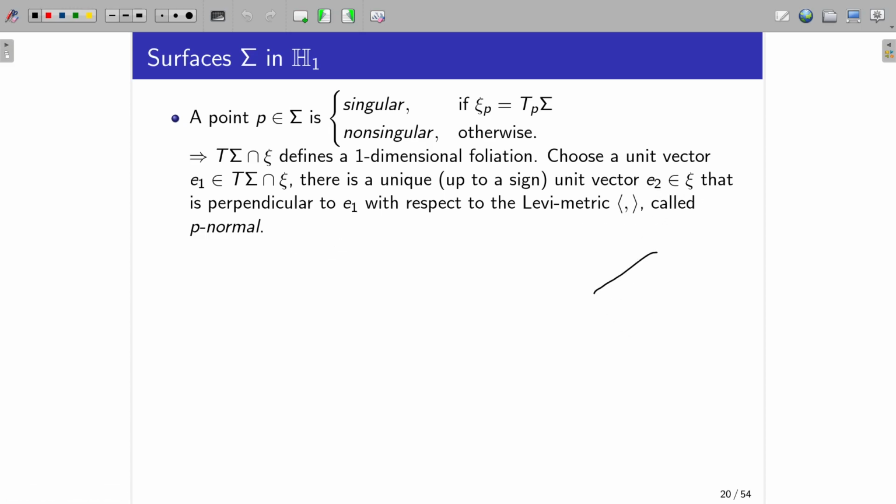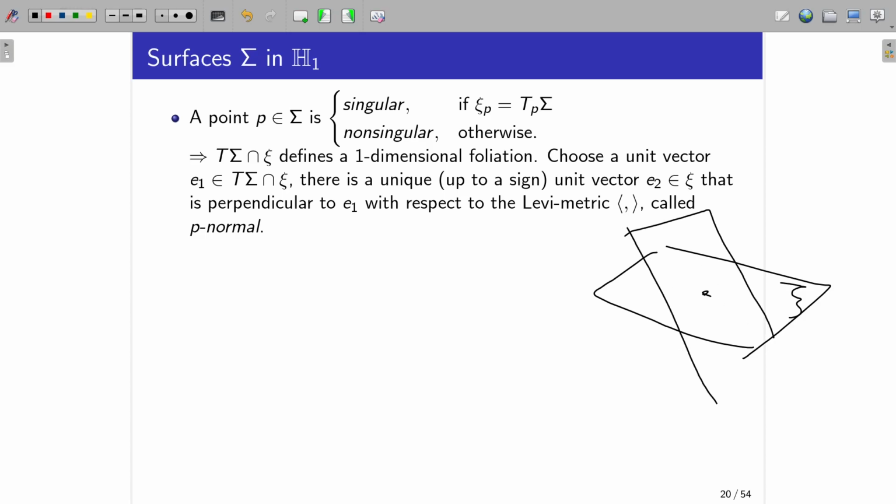So at non-singular points we have the contact plane and the other tangent plane at P, with a one-dimensional foliation, so we can take a vector E1 on the foliation, unique up to a sign.